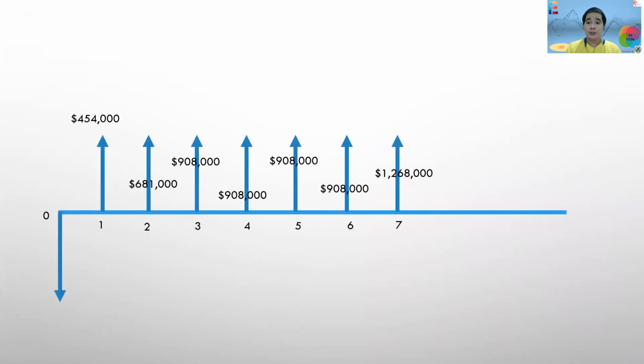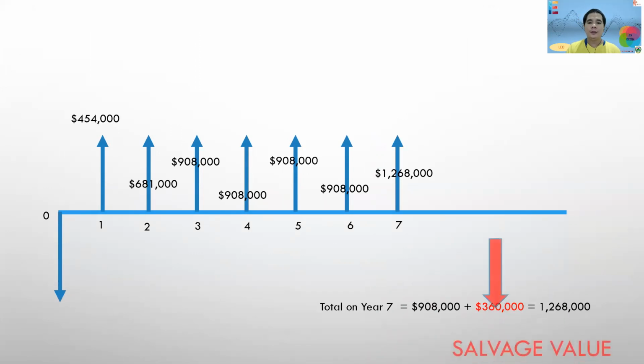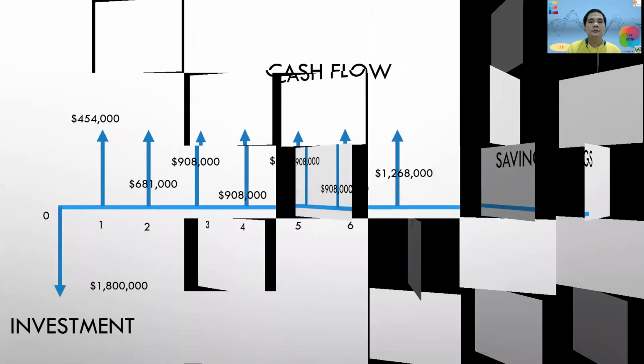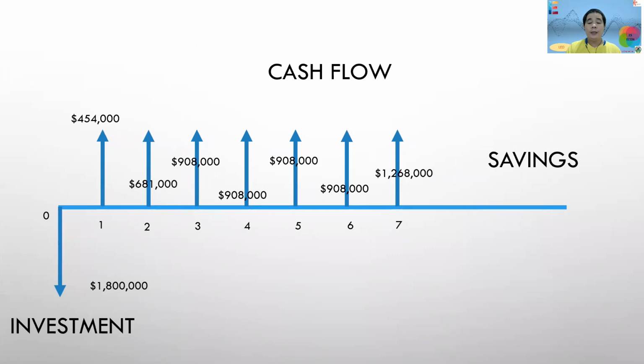Succeedingly, you'll have the sets of cash inflows or cost savings. And on year 7, it indicates the same value of 1.268 million because you have a 20% salvage value that is considered as a cash in on your 7th year. So combining the inflows and outflows, here is the whole picture or diagram of your cash flows.